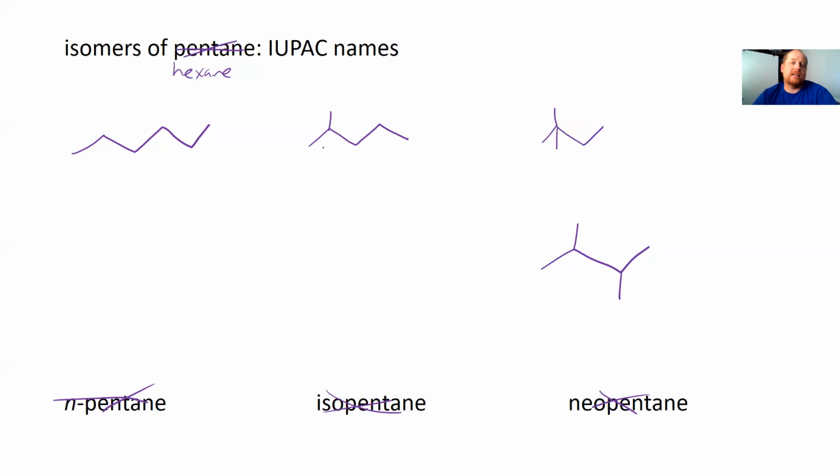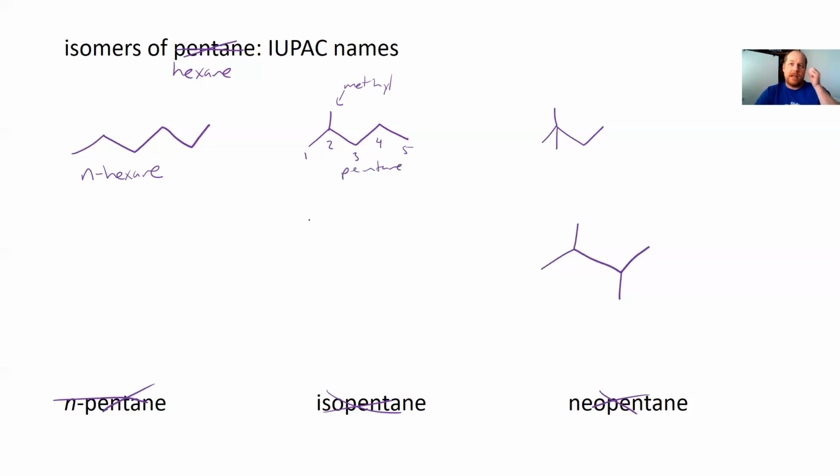You can kind of see this is a little bit of a game to play here, right? The first one is going to be hexane. The second one, our longest carbon chain will be 1, 2, 3, 4, 5 carbons. So this one has a pentane backbone with a methyl group at the second carbon.